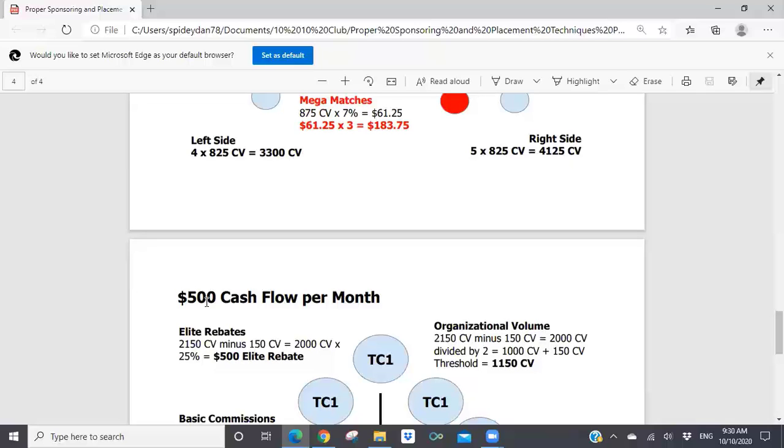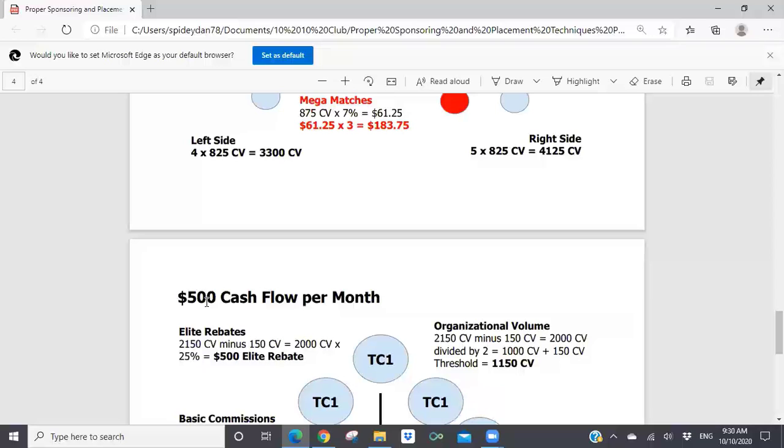I subtract that threshold of 150. I'm left with 2,000 CV. I got paid a 25% rebate. I earned through the course of that month $500 in elite rebates. And again, from an organizational volume standpoint, it would be 2,150 minus the 150. I'm left with 2,000 CV.